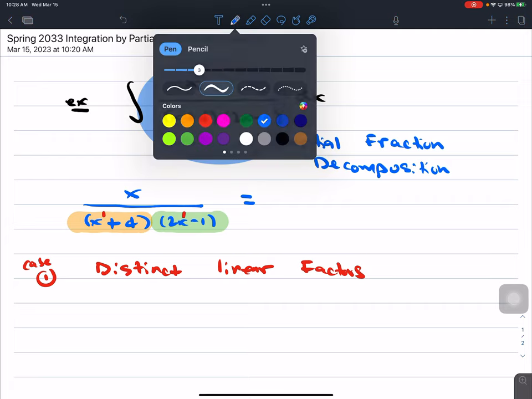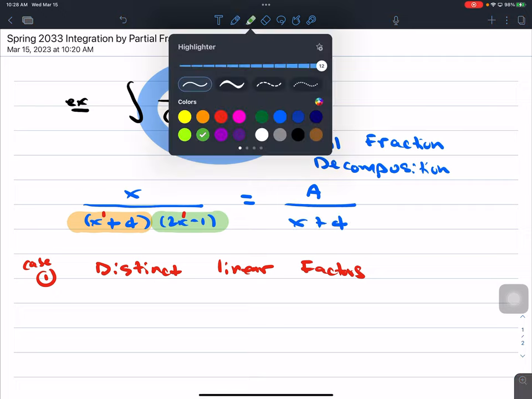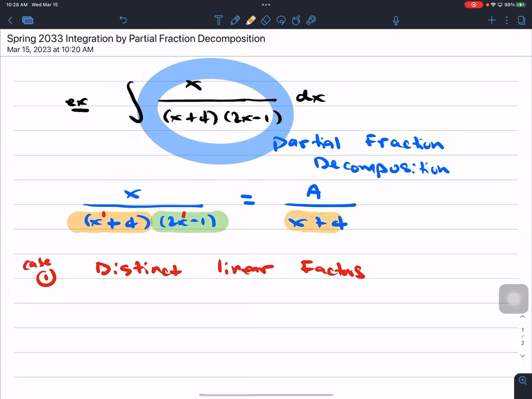Now, here's the thing. A over x plus 4. You're going to take that first linear factor and keep that as a denominator, but the numerator is A. And then for the second linear factor, call that B now.